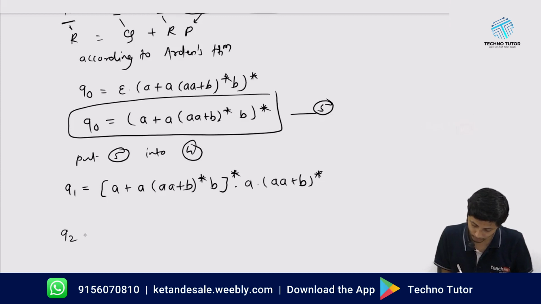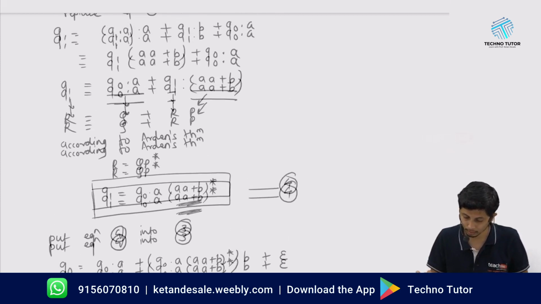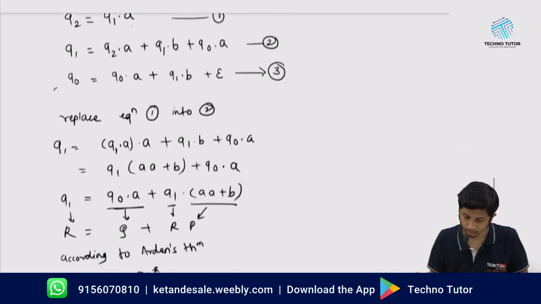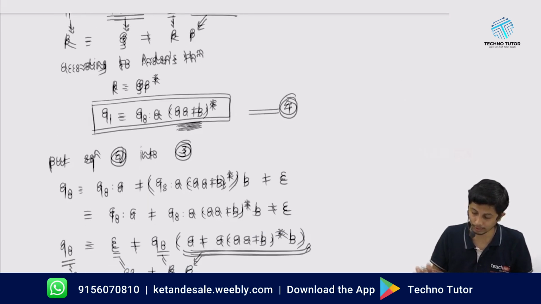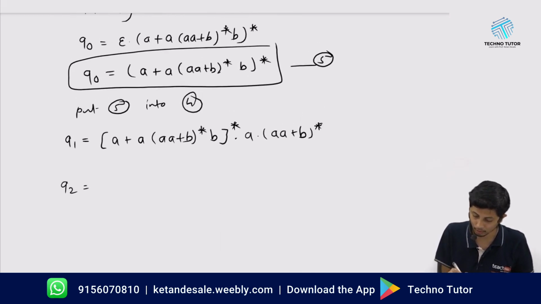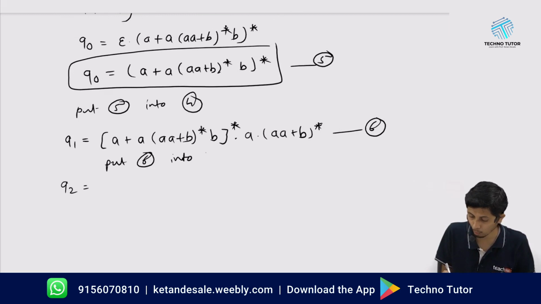and based on that Q1 I can now find out the value of Q2, because Q2 is what? Q1 dot A. So putting this into equation 1. So again put equation 6 into 1.